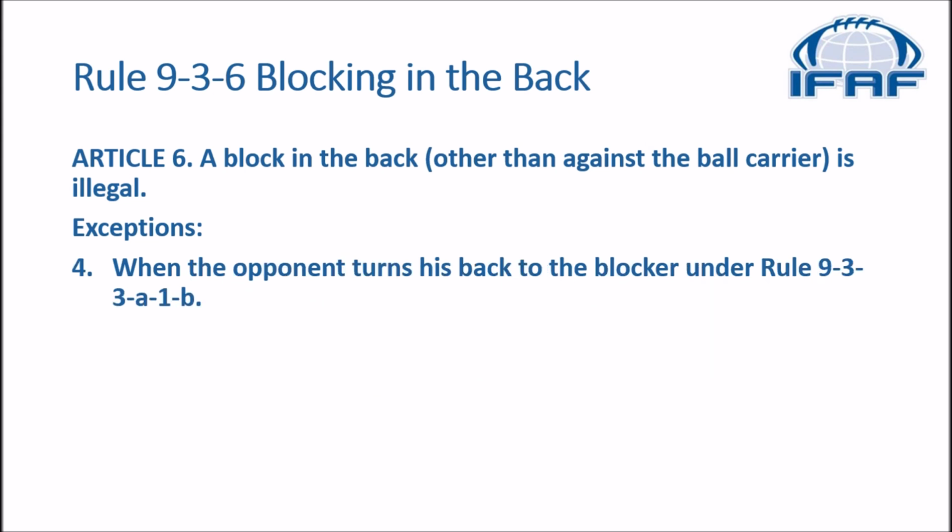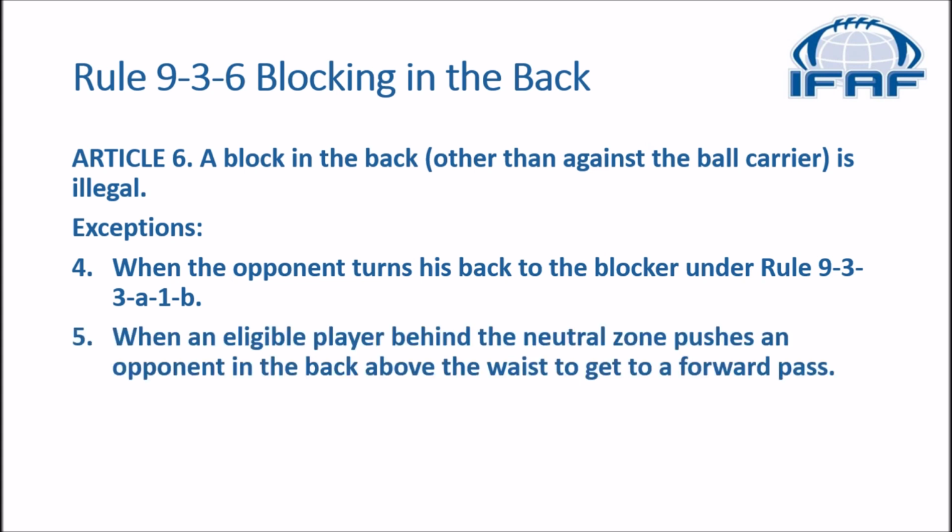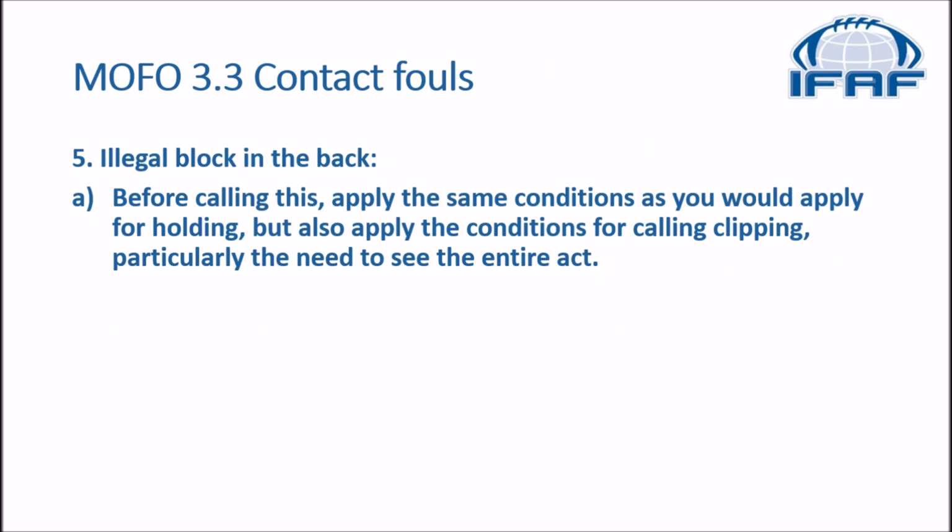When the opponent turns his back to the blocker under Rule 933A1B. 5. When an eligible player behind the neutral zone pushes an opponent in the back above the waist to get to a forward pass.